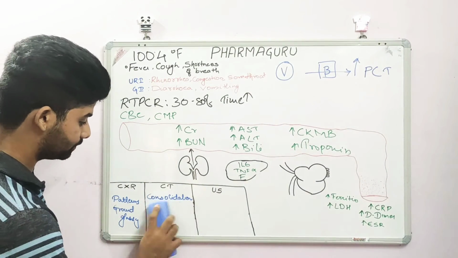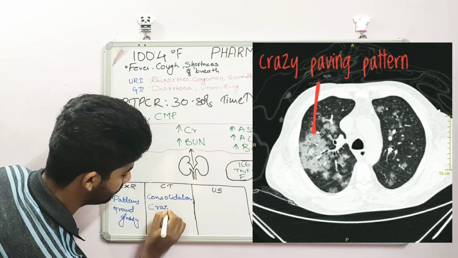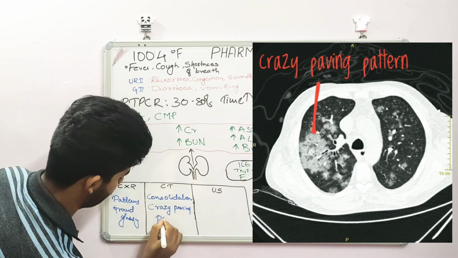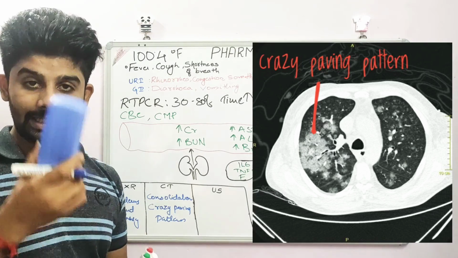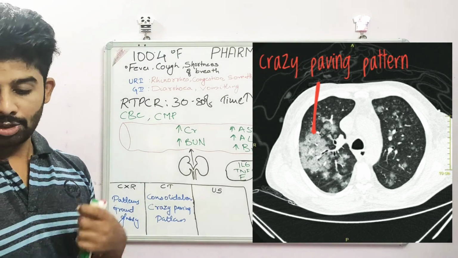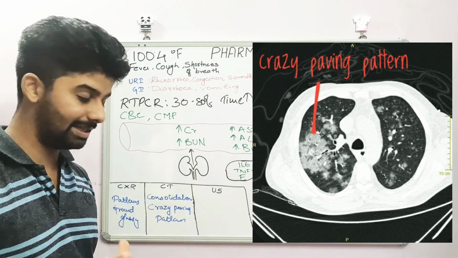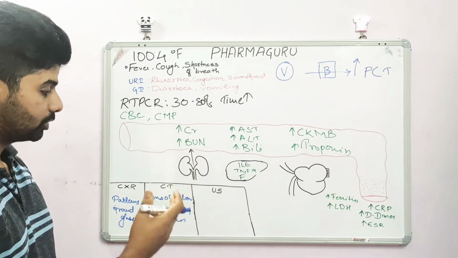Then there will be a crazy paving pattern. The crazy paving pattern will be due to membrane thickening. Whenever there is damage to the membrane, the membrane thickening will show a crazy paving pattern. Now we can go to the ultrasound.